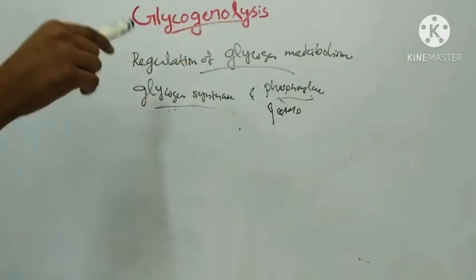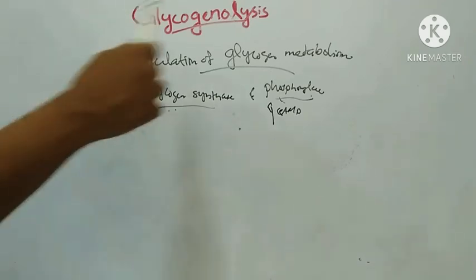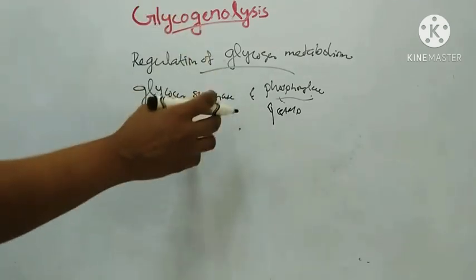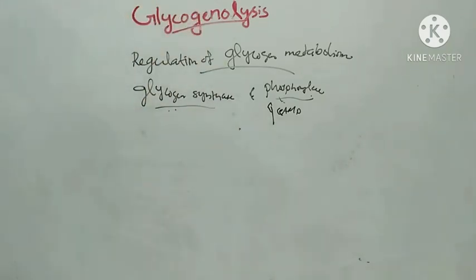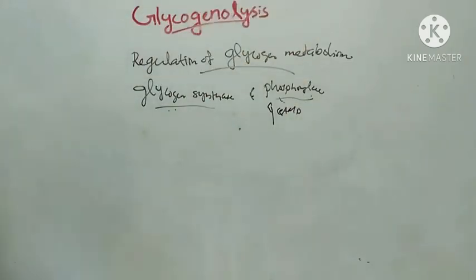Glycogen synthase is at the same time converted to an inactive form. So both the effects are mediated through cyclic AMP dependent protein kinase. So inhibition of glycogenolysis increases glycogenesis, and inhibition of glycogenesis increases glycogenolysis. Both processes cannot occur simultaneously.